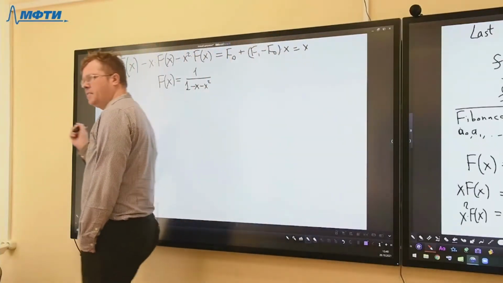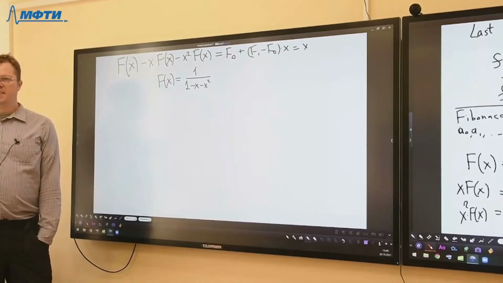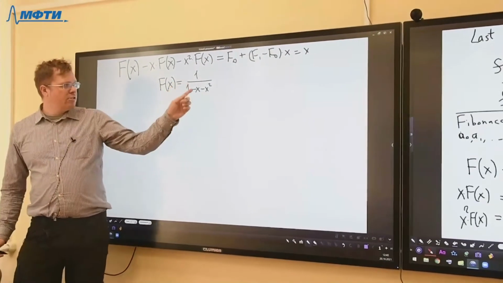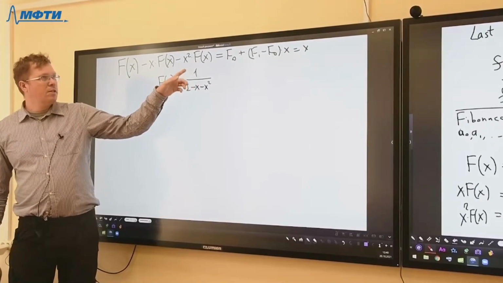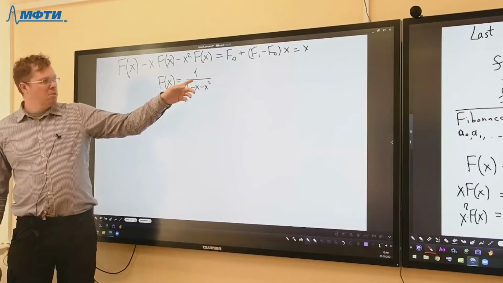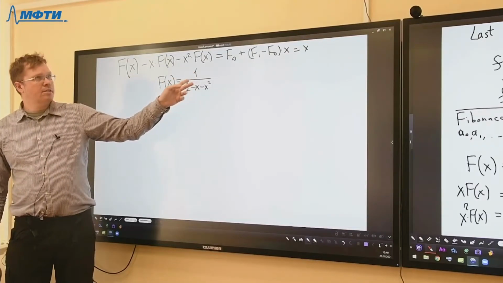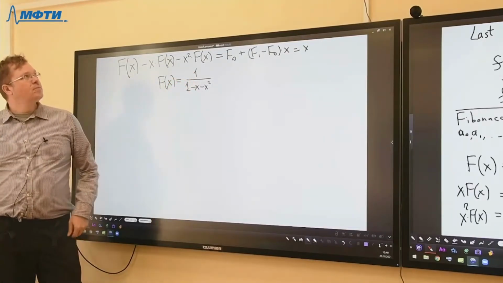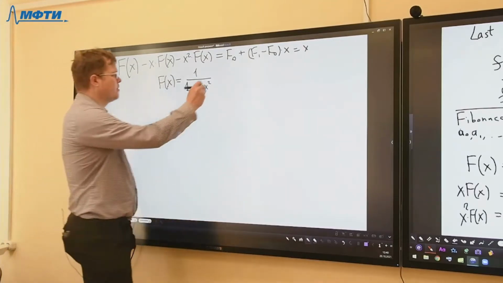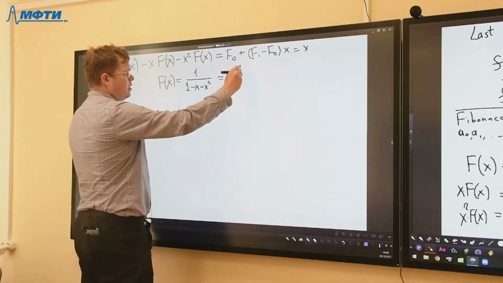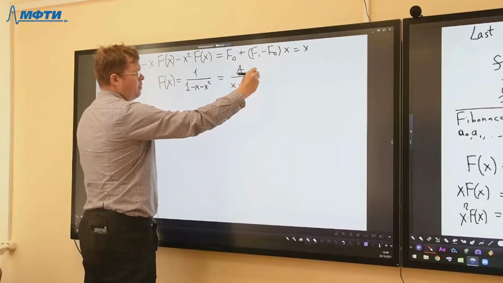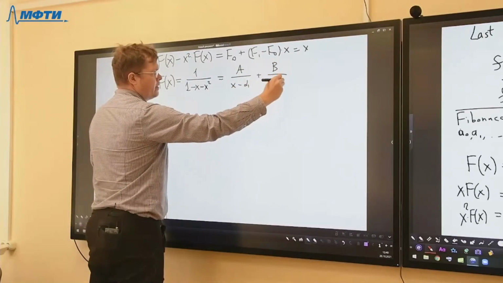If you have such a rational function, the quotient of two polynomials, then you can describe this as a sum of simple fractions. Two fractions. So here I can write a over 1 minus alpha 1 x plus b over 1 minus alpha 2 x.